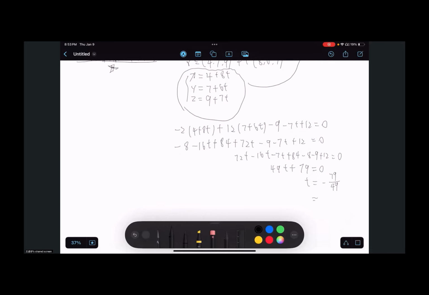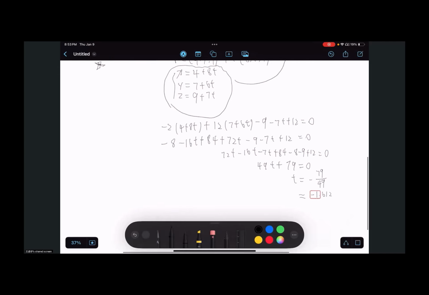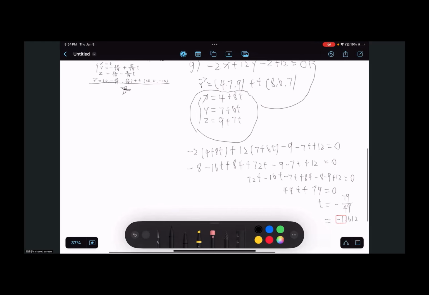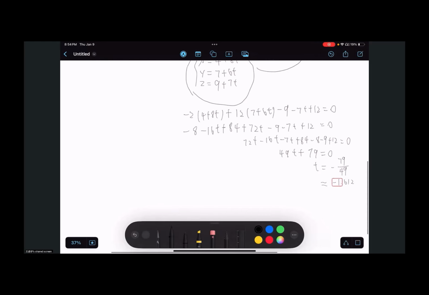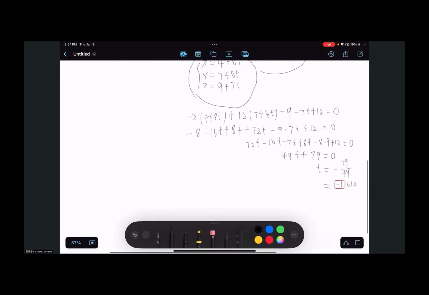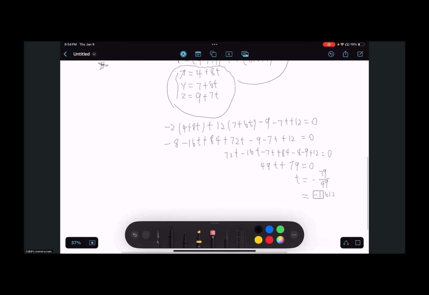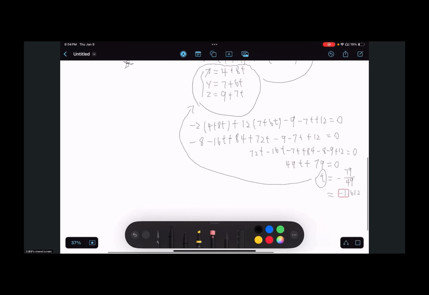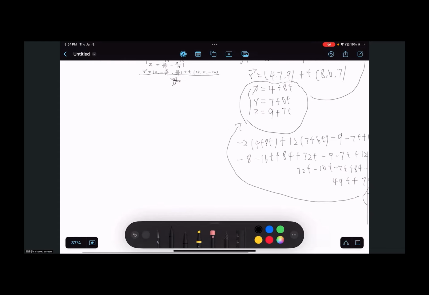And it's negative 1.612. So it's the t for the intersection. So the next thing we just put the t into this parametric equation so that we can get the answer we need.